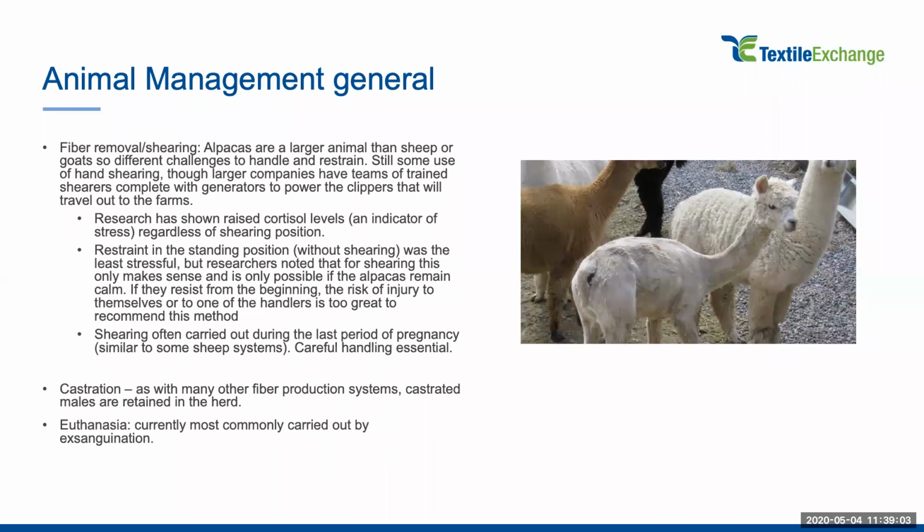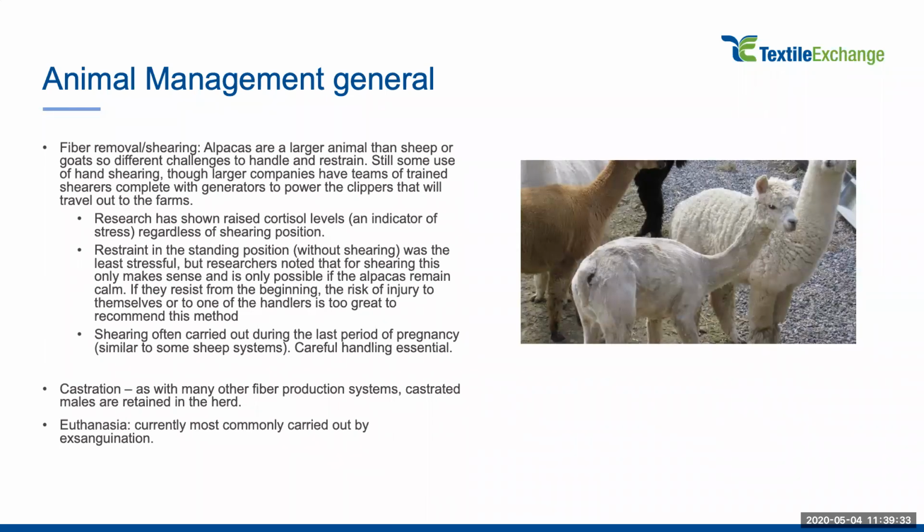And then, as I always seem to end up talking about death and castration, with euthanasia, at the moment, the most common method is exsanguination, or effectively the animal has its throat cut. Those of you familiar with the Responsible Wool and Responsible Mohair Standards will know that one of the things Textile Exchange tries to do is to say this should really only be a last resort scenario.